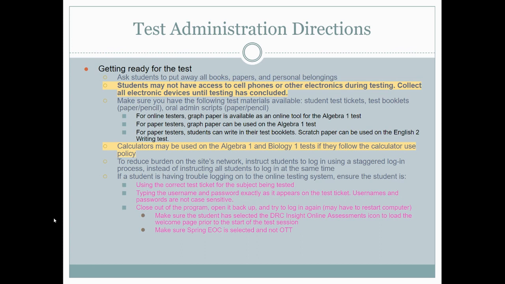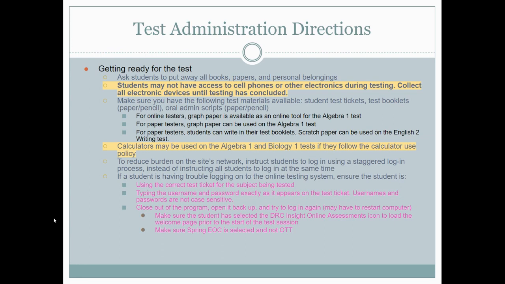Username and password should be typed in directly as it is seen on that test ticket, and they are not case sensitive. So just watch that. And if it's still not working, close out the program, open it back up, try it again, restart the computer, try a new computer, do all these things to troubleshoot. Utilize your Canty person. They can help you as well.